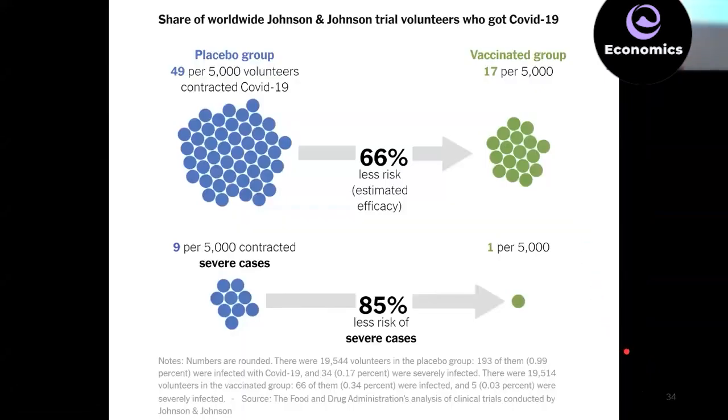This is a graph summarizing one vaccine, the Johnson & Johnson trial. They look at the placebo group who did not get the vaccine: 49 out of 5,000 volunteers got COVID-19. Among those who got the vaccine, only 17 out of 5,000 got COVID.